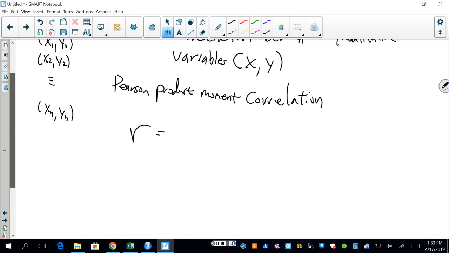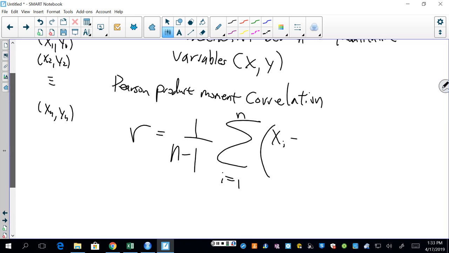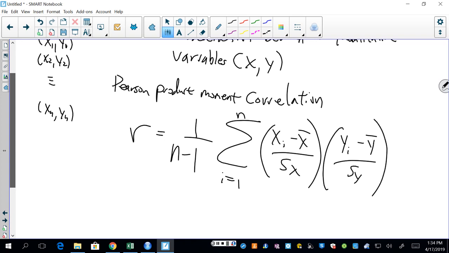It's called R. 1 over n minus 1, and over all of our pairs, we're going to add up xi minus x bar divided by the standard deviation, a standardized x score, times the standardized y score. This is how it's computed. We won't really be computing it by hand, but that's what it is.